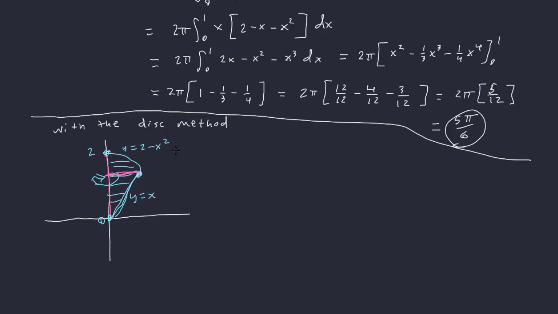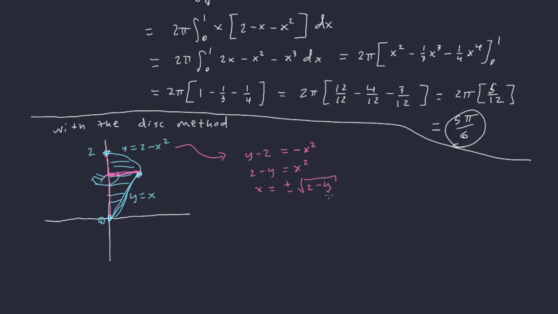Okay, so to start with, we need to switch this over to x in terms of y's, right? Y functions. So we can start by getting y minus 2 equals negative x squared. So 2 minus y is equal to x squared. And so x is equal to plus or minus the square root of 2 minus y.